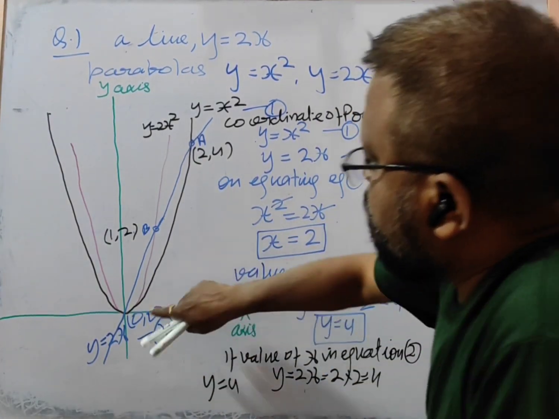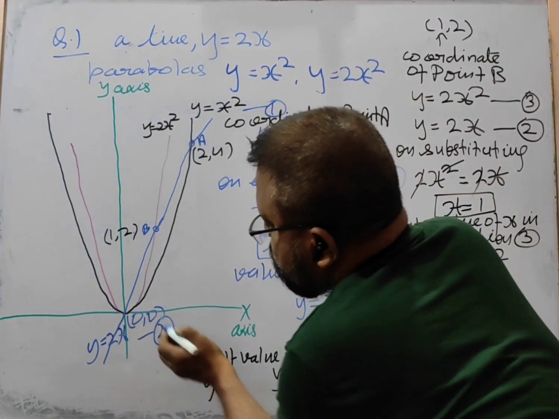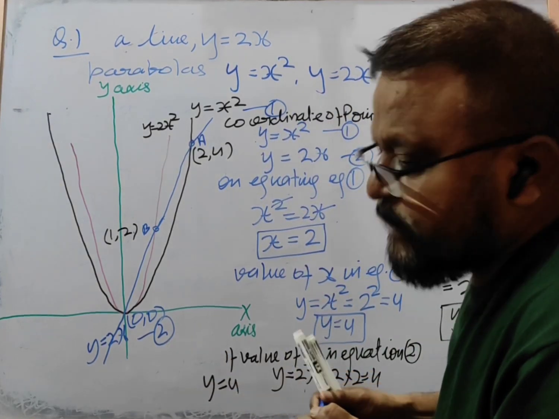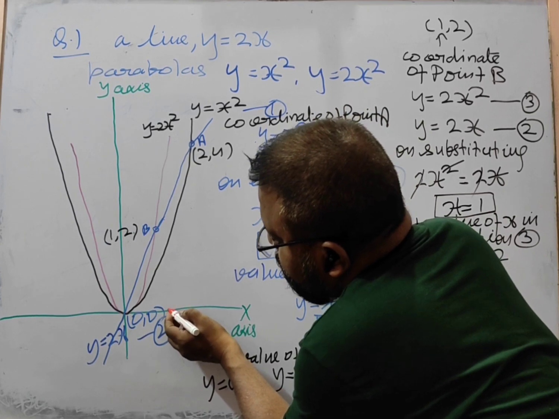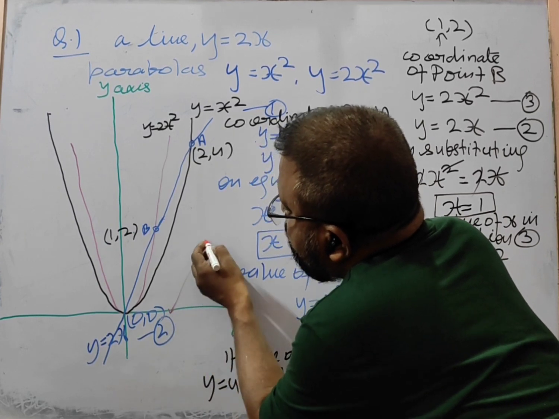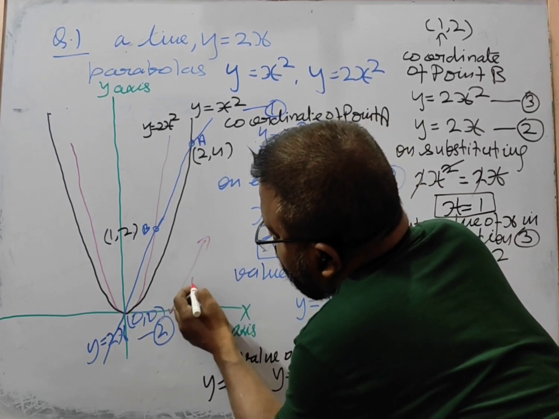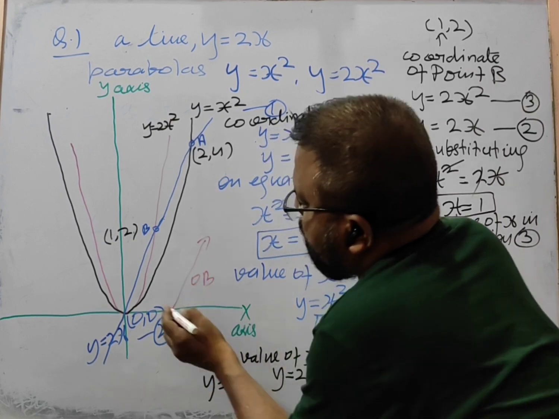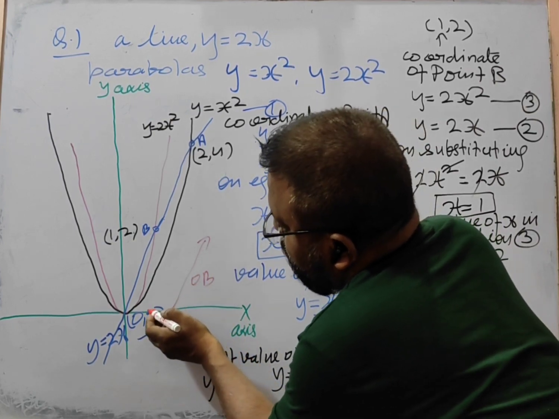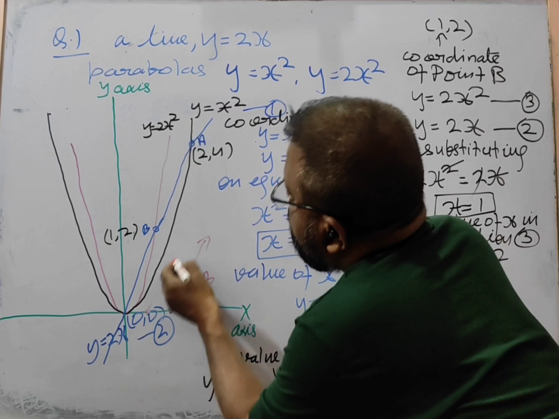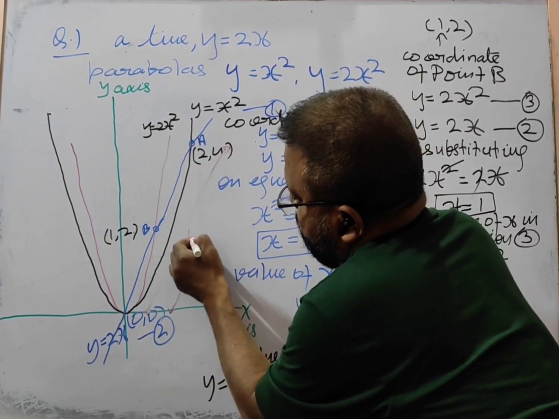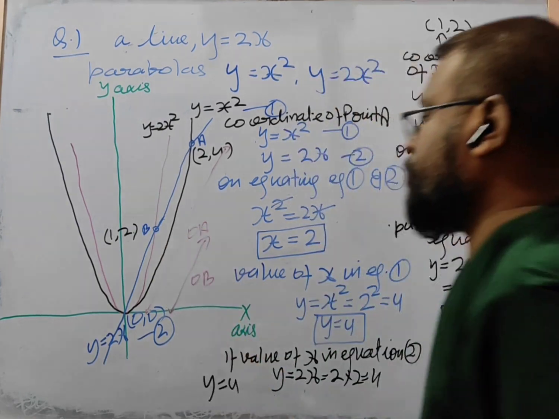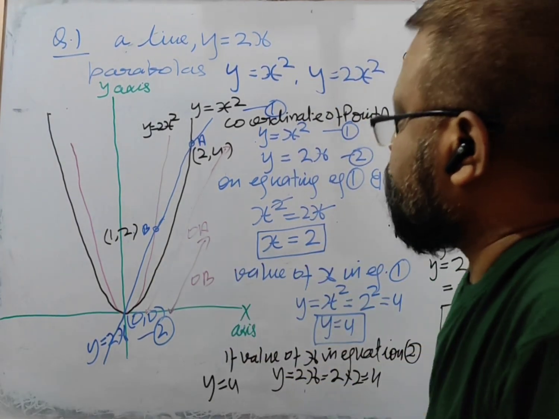This is the line segment from there to there, here it is OB, right? And from here to this point, this is OA. We have to find the length of this, right?